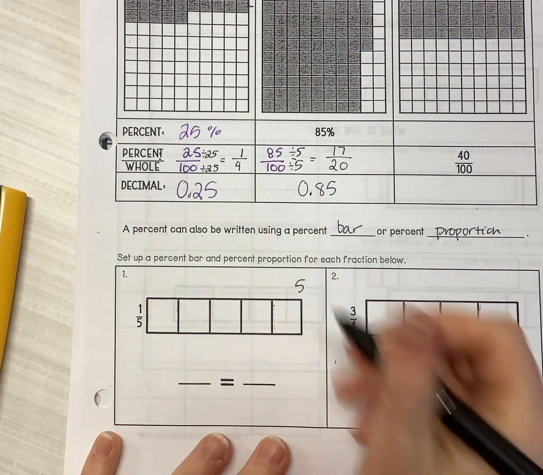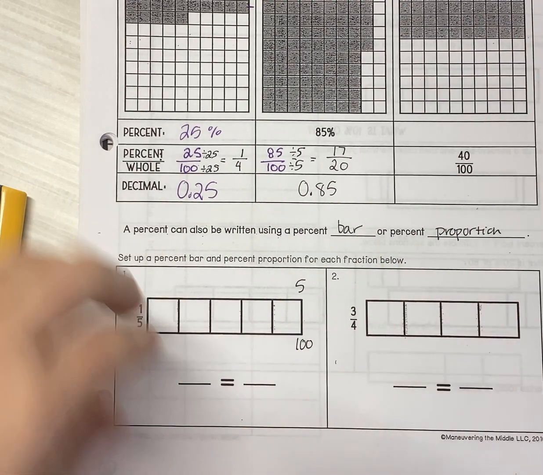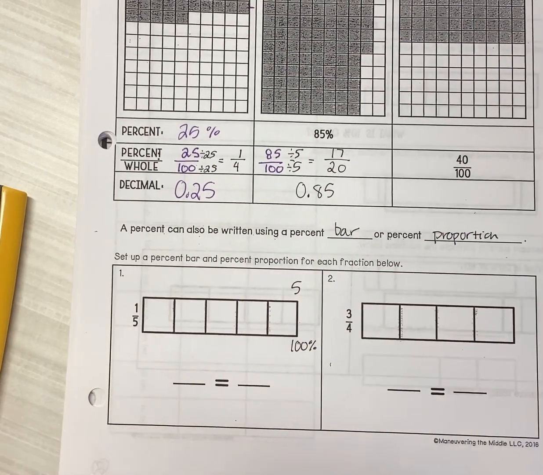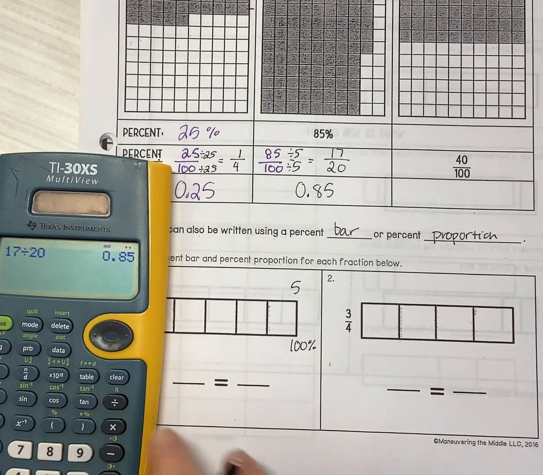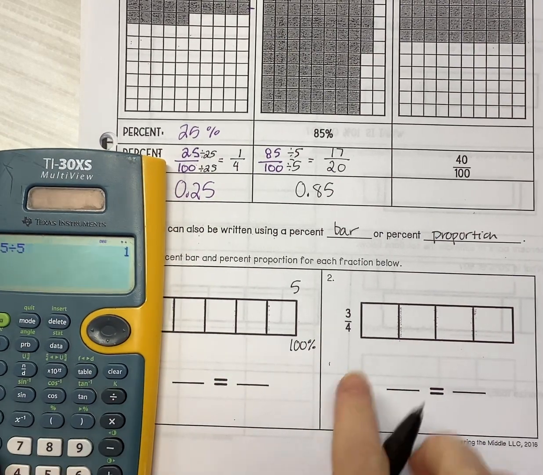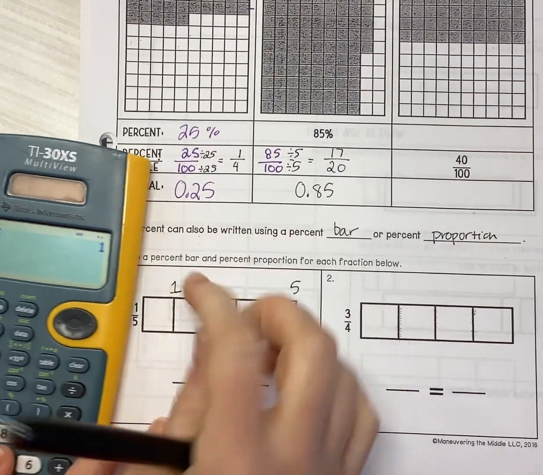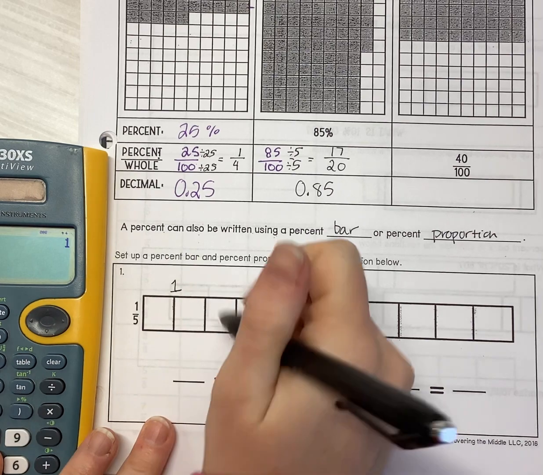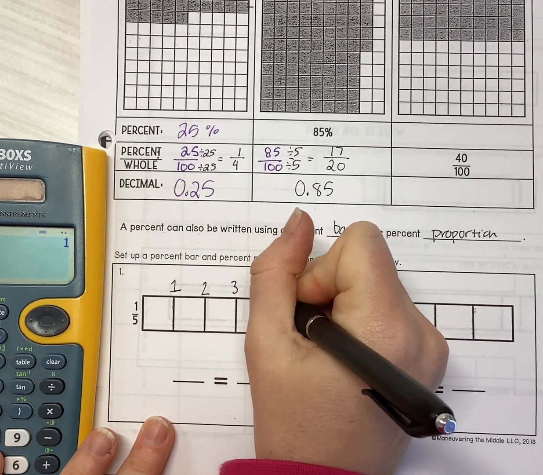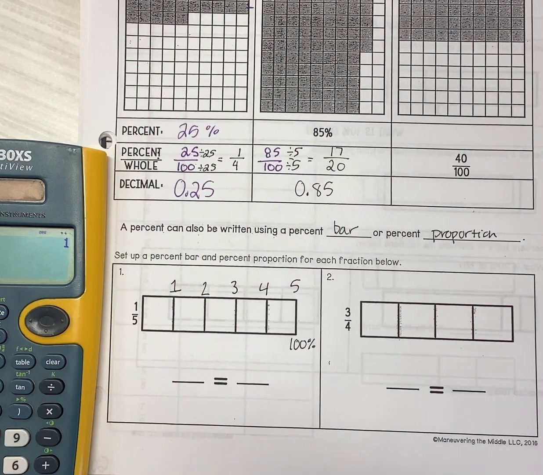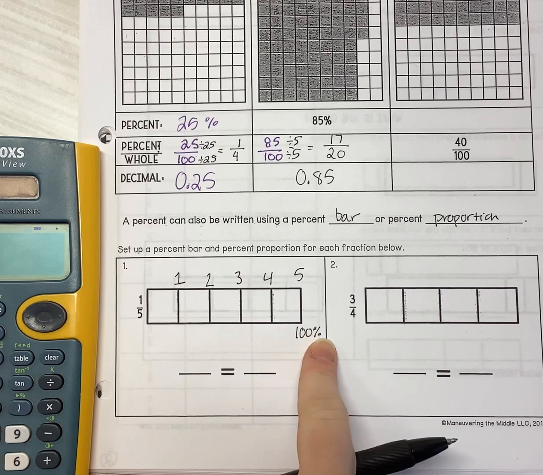The whole thing is 5, and 100% is also all of it. So if I divide that into 5 pieces, each piece gets 1. So this would be 1, this one would be 2, 3, 4, 5. So I can take my percentage and divide it into that many chunks.